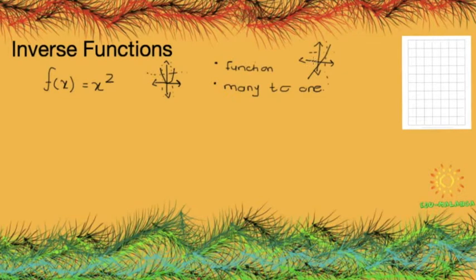However, a many-to-one function does not meet that condition. If they ask whether this is still a function, you can say no, it is no longer a function, because its graph was not a one-to-one function.